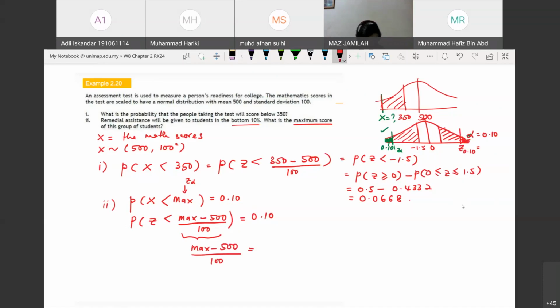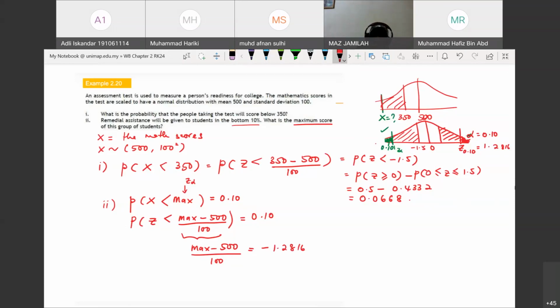If you look at your textbook, it will be given by 1.2816. I hope everyone can figure that out from your table. Since we are talking about this area, it will be a negative value. That's why we have negative 1.2816. Now we are looking for the maximum score, so solve for max.